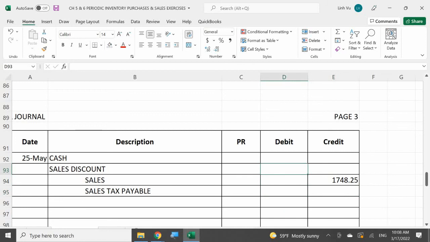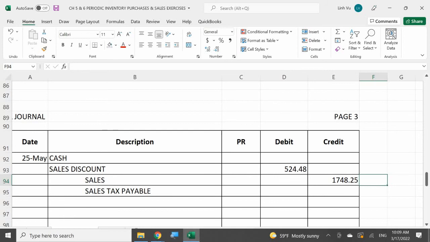Now, I need to apply the discount because this is what the original price was. Now, I need to calculate what 30% of that is for my discount. What is 30% of $1,748.25? $524.48. Okay.